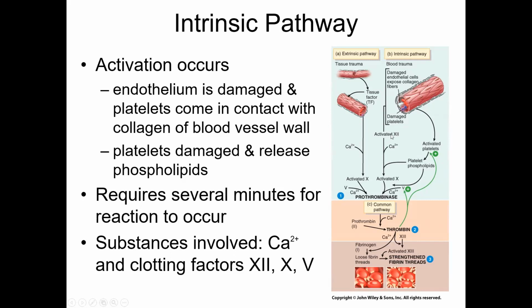And here we are first interacting with factor 12, and then factor 12 activation comes with the activation of 10 and 5. And so with calcium, yet again, now from a slightly different starting point, we are creating prothrombinase.